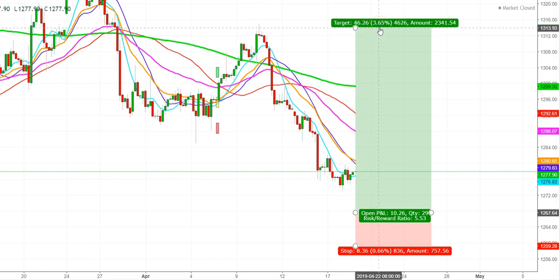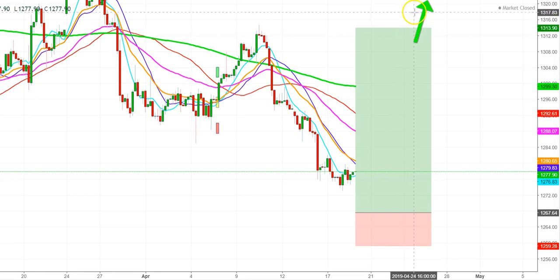But if we find the gold futures consolidate above the level of $1310, no doubt that the gold futures will try to break this resistance up to the level of $1318.